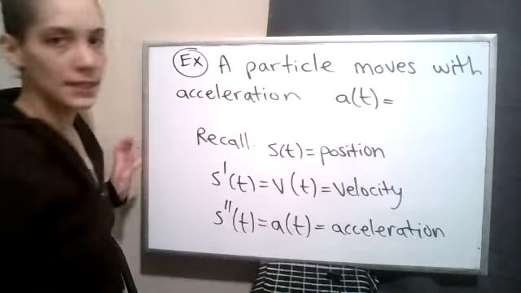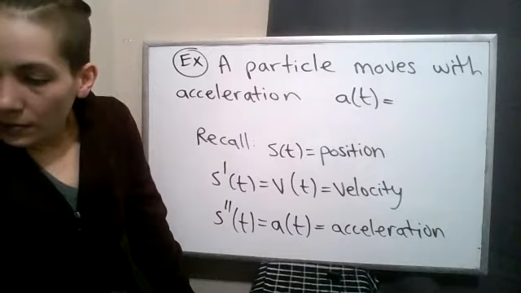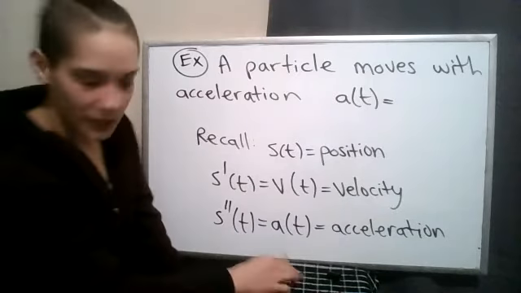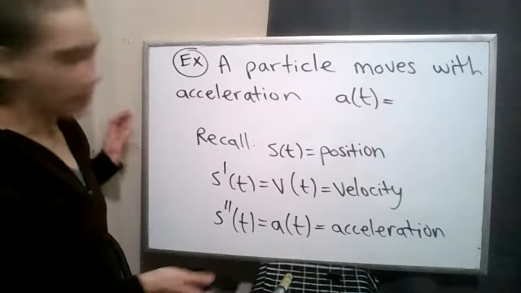This is a whole function. A of t is equal to e to the t minus sine of t.